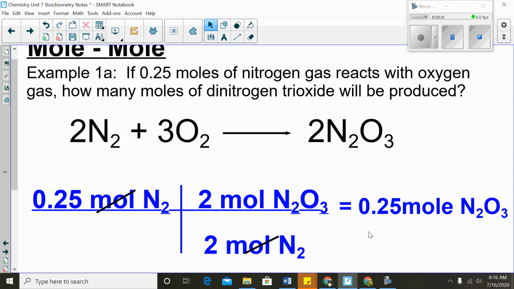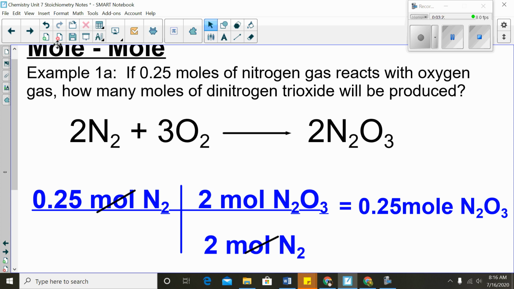So you don't have to put this one in the calculator if you see that the 2's cancel, but you can plug it in if you want to. It would be 0.25 times 2 divided by 2, and it would yield the same amount. So this is not always the case, but this is a good starting point to help you see how to set up a mole-to-mole ratio.